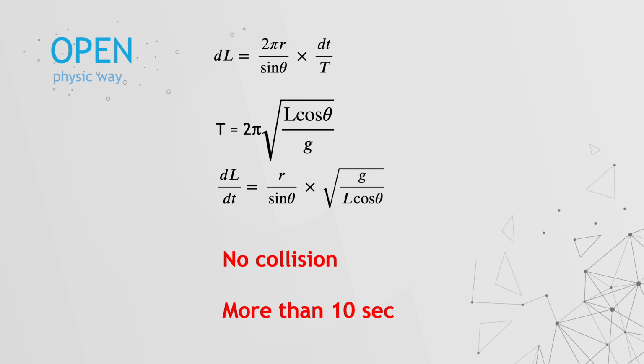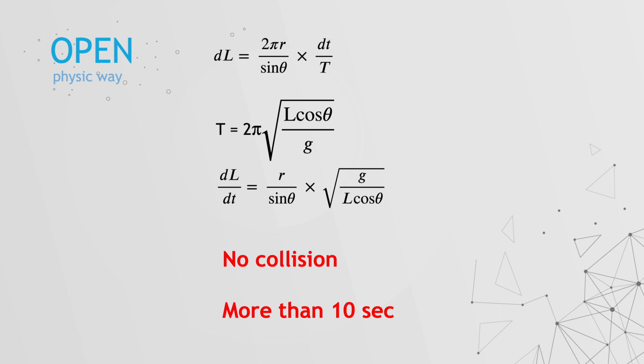And we get the differential equation dl/dt equals r divided by cosine theta times the square root of g divided by L cosine theta. And in this pendulum, we assume there is no collision of the mass with the pillar.